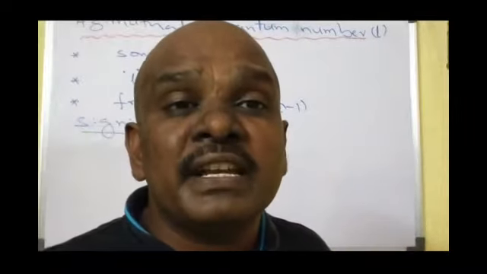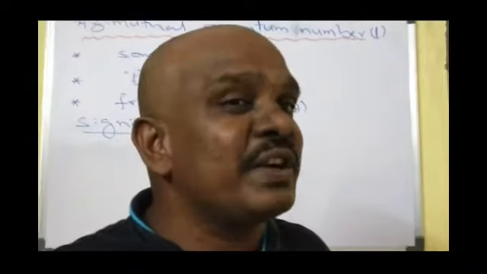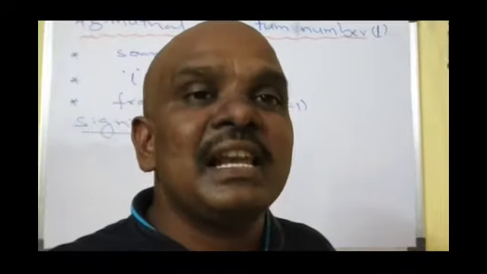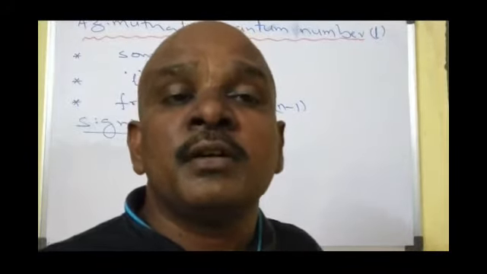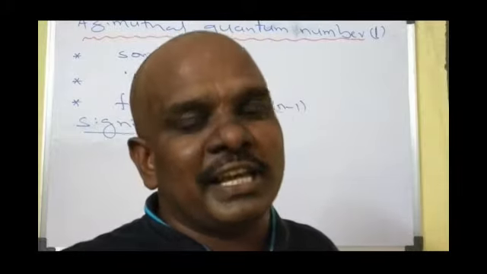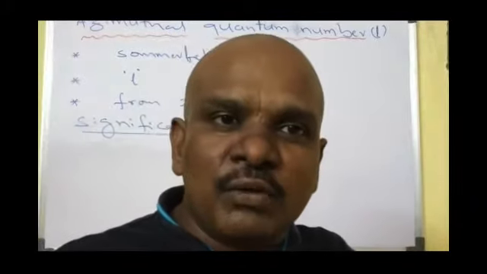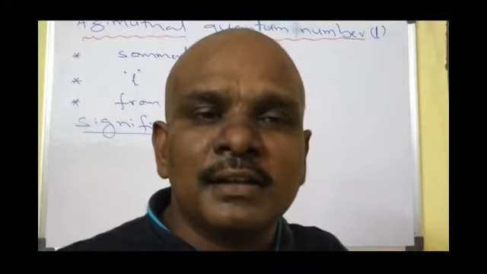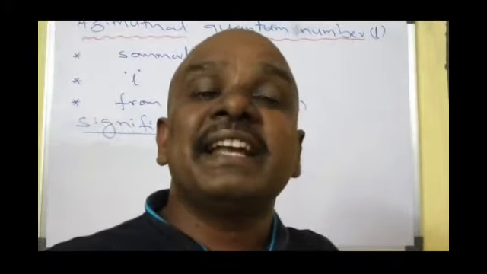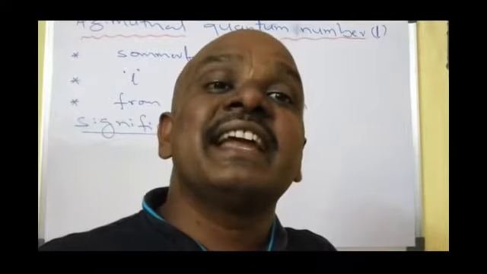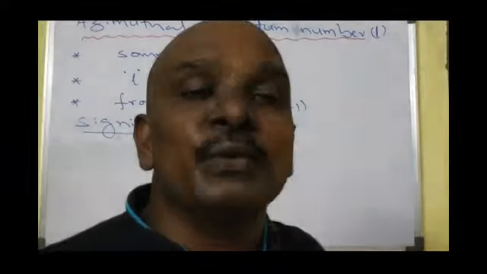Which quantum number is called the angular quantum number, students? The azimuthal quantum number is called the angular quantum number, and other names are also there: subsidiary quantum number and secondary quantum number also.